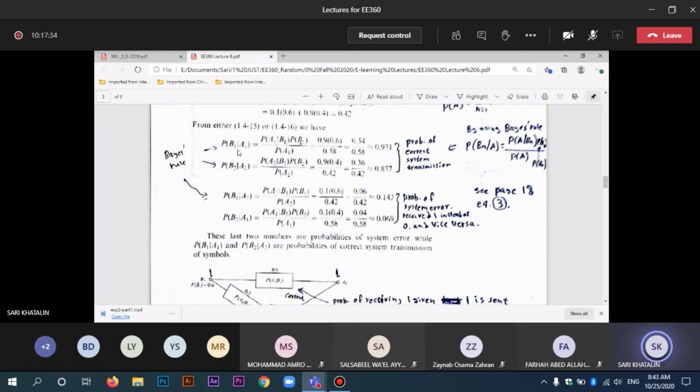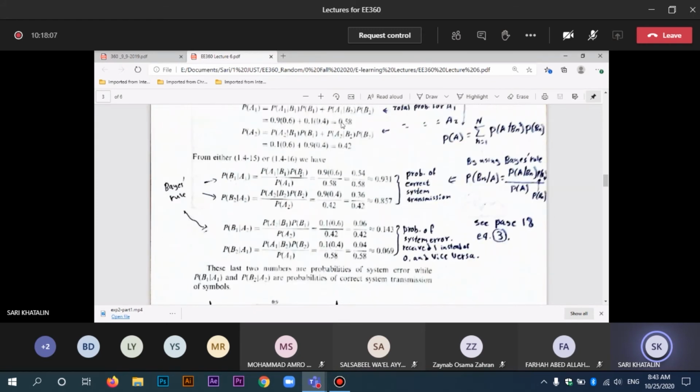So according to Bayes' rule, the probability of B1 given A1, the probability of transmitting 1 and receiving 1, is equal to the probability of A1 given B1 times the probability of B1, which is 0.6 in this case, divided by the probability of A1, the total probability we just calculated on the top right here. So we plug in the numbers.